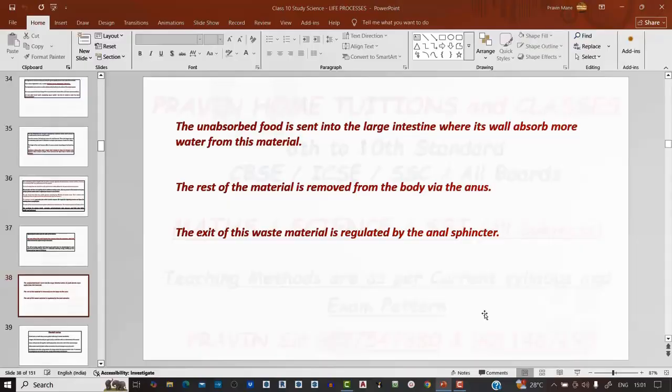The unabsorbed food is sent to the large intestine. In the large intestine, any water present is absorbed from the waste material, and then the rest is biological waste which is harmful to the body and is removed from the body via the anus.